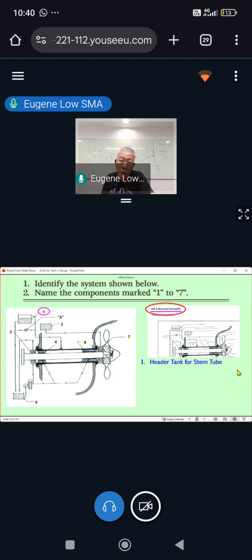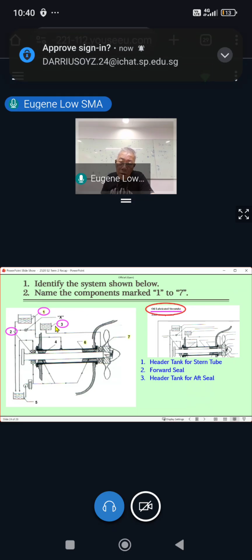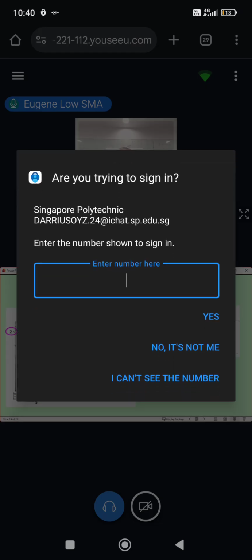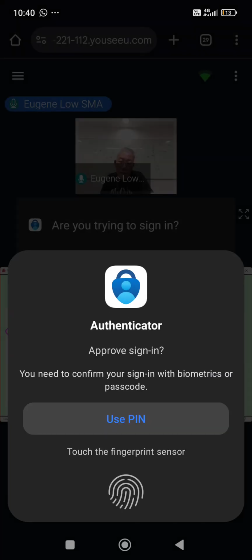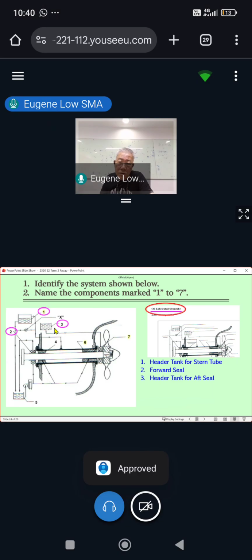Number 2, forward seal header tank for aft seal. That is number 3. Of course, number 7 is the aft seal. In case you call this tank incorrectly, by the time you get to 7 and know that is the aft seal, you go back to number 3 to correct it: header tank for aft seal.